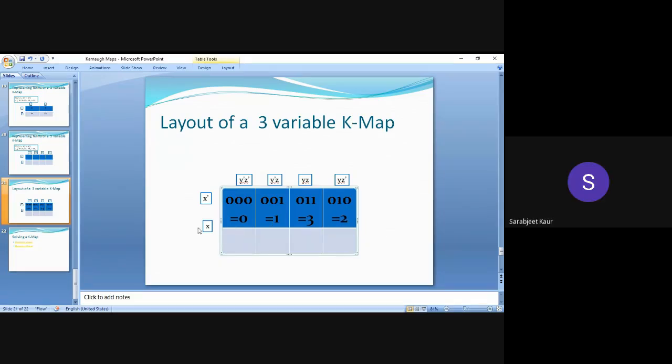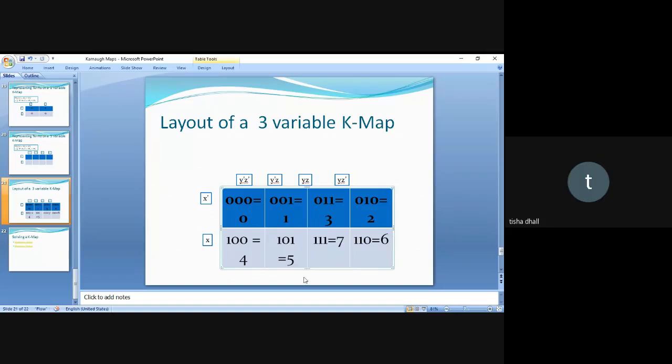Next is 1, 0, 0, which is equal to 4. Next is 1, 0, 1, which is equal to 5. Next is 1, 1, 1, which is equal to 7. Next is 1, 1, 0, which is equal to 6. Is this clear? We need to memorize it.